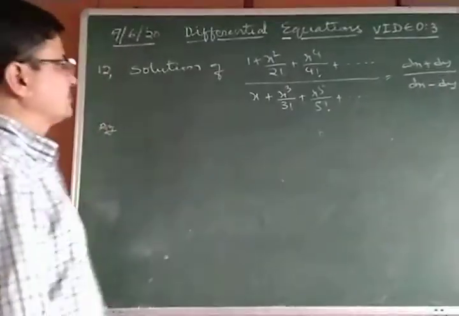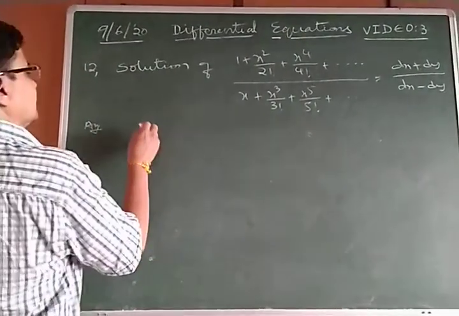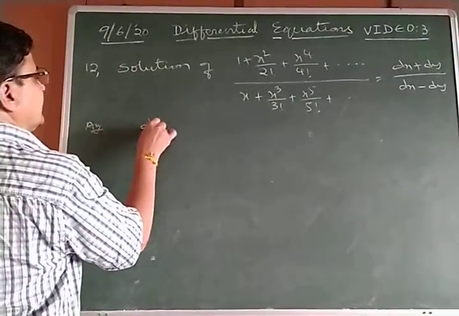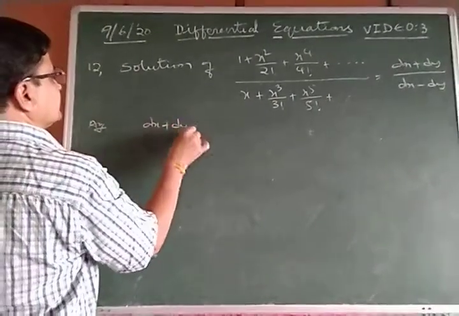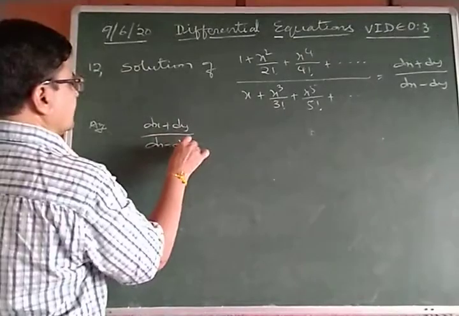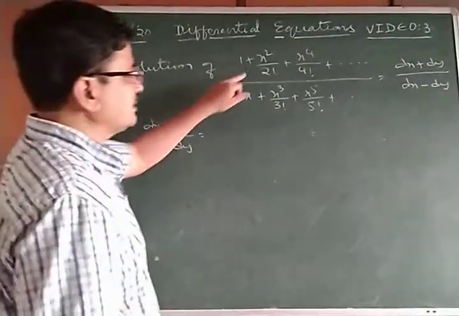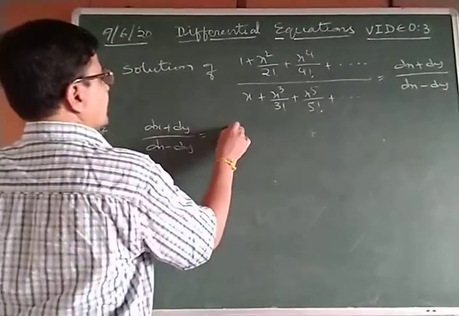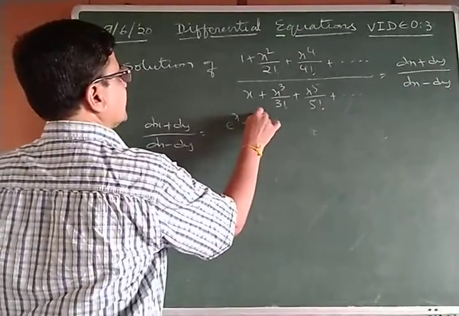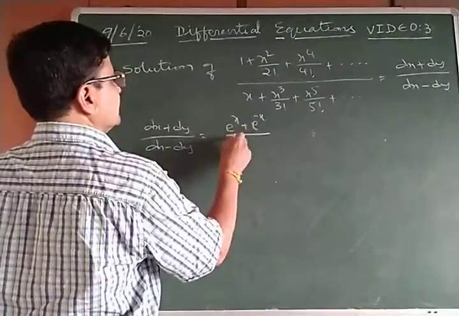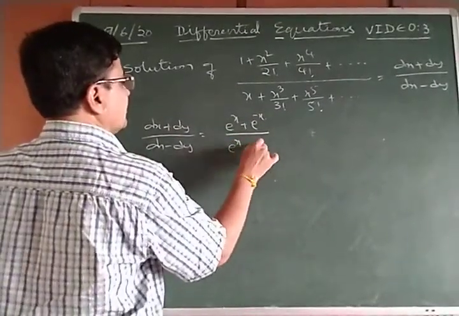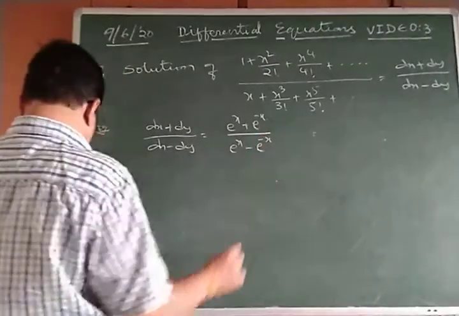What is the solution of this equation? That is equal to, this is the formula for (e power x plus e power minus x) by (e power x minus e power minus x).